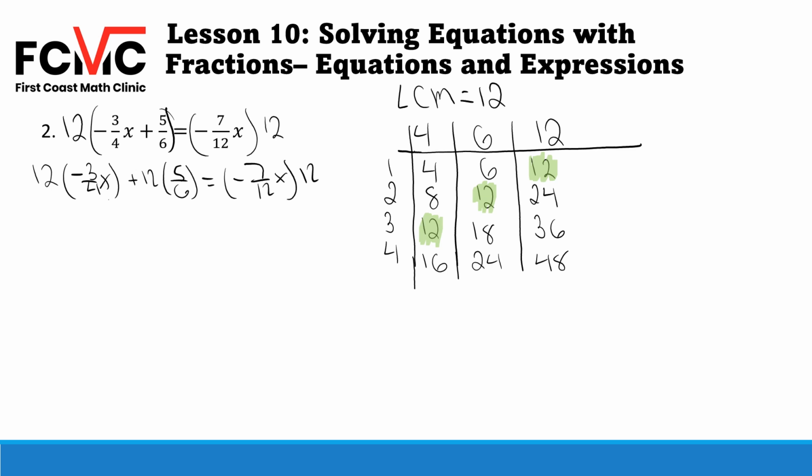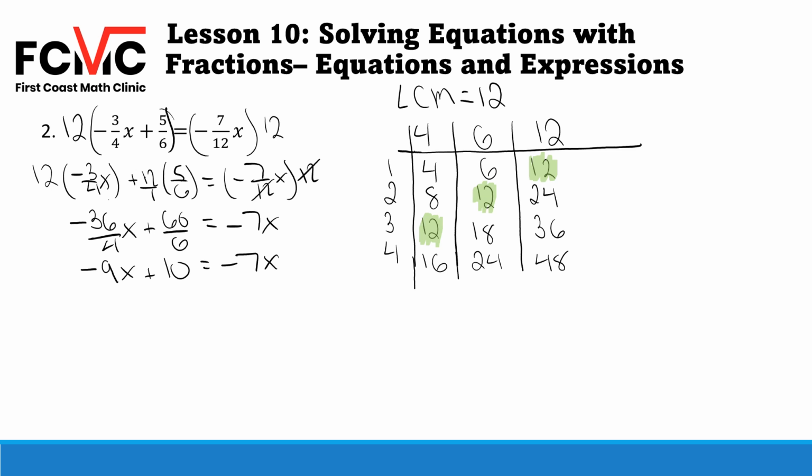Then multiplying this out, 12 times negative 3/4 x is going to give me negative 36/4 x, which is going to give me negative 9x. 12 times 5/6, I put that over 1. This is going to give me 60/6, which is just 10. And on the right side, remember, our 12 and 12 cancel out here. So I'm just going to be left with negative 7x. All right, now we can solve this equation.